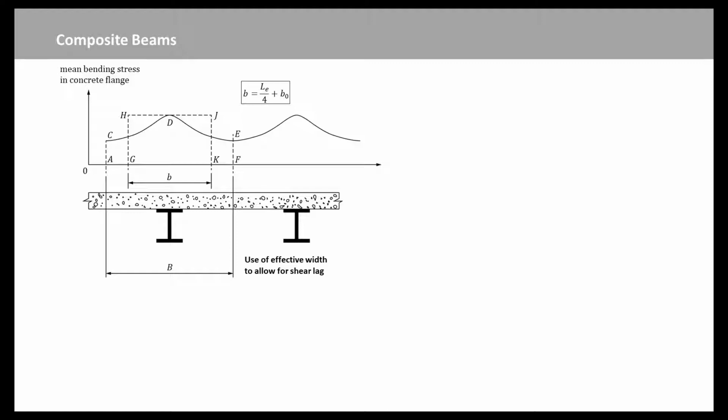Simple bending theory can still give the correct value of the maximum stress at point D if the true flange width B is replaced by an effective width B_eff, such that the area GHJK equals the area ACDEF.